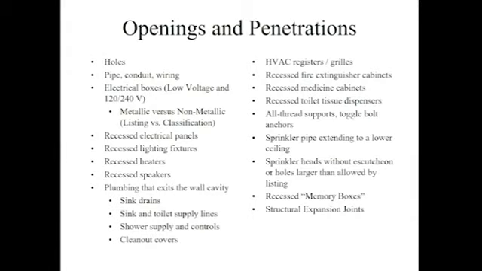HVAC registers and grills, all your air devices and the ends of your ductwork terminate at the ceiling. Those are all holes, and every single one of those creates a hole, and so you have to have a radiant ceiling damper or some other protection too. Typically it's a radiant ceiling damper to protect the openings created by that ductwork or those air devices.